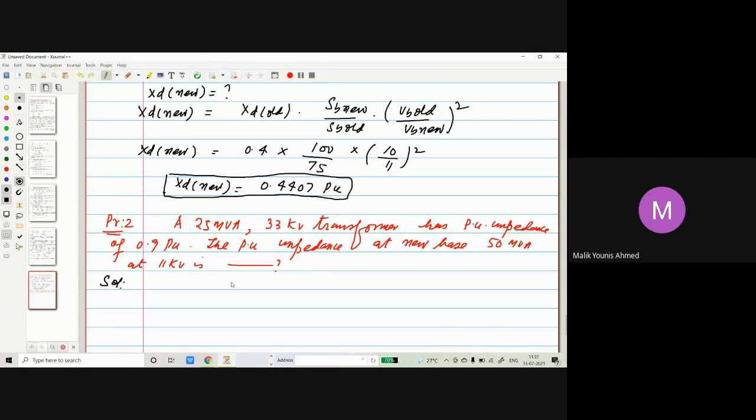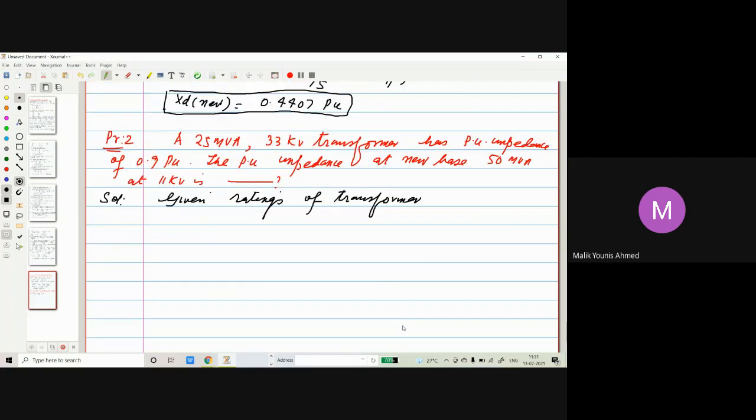What are the given ratings of the transformer? You should write in brackets that these are the old ratings. So I will write: given ratings of transformer, SB old is 25 MVA, VB old is 33 kV.